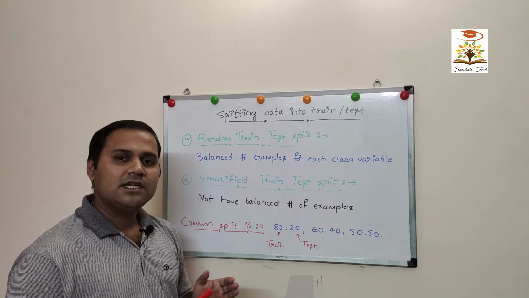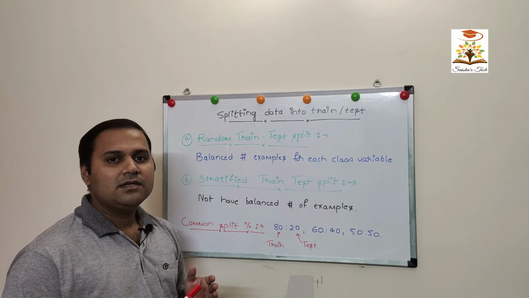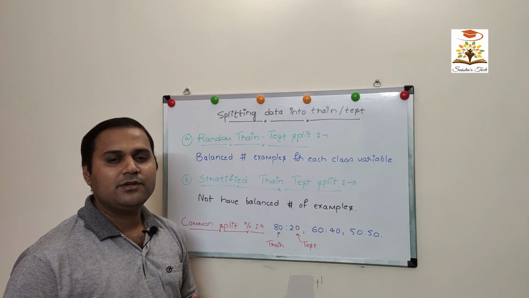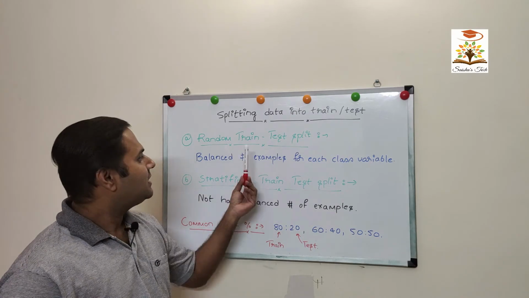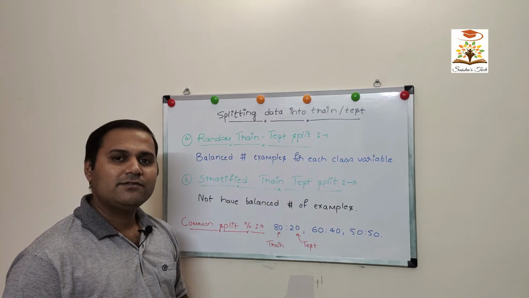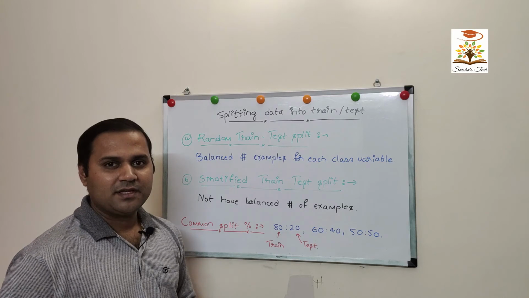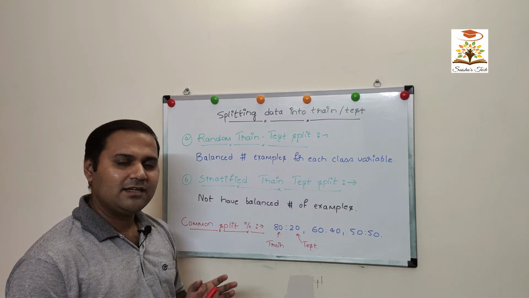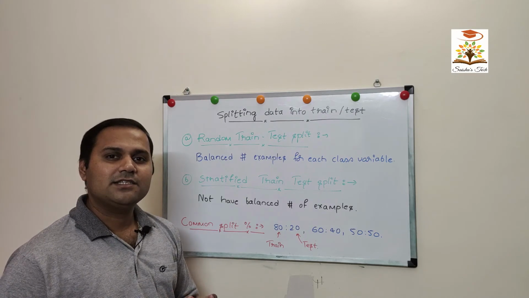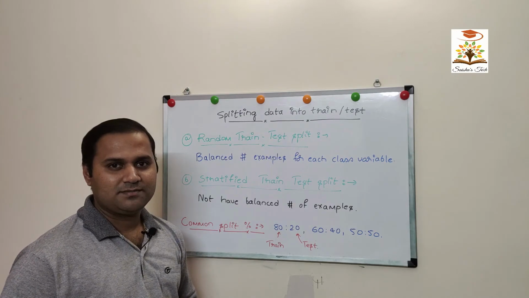So if you have the same number of examples for each level in the class variable, then you can utilize random train test split. For example, if you have rain, not rain, you have 50% of the cases as rain and 50% of the cases as not rain, then random train test split would be the best choice.